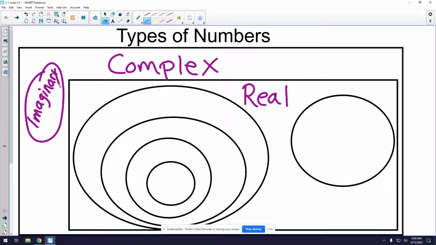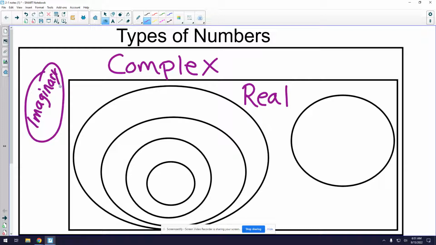If a number is not real, it is imaginary, which we will talk about in Unit 3 of what that means. So if a number is not real, it is imaginary. And both real and imaginary numbers are complex because every number is complex. But we're going to focus on real numbers and those different subgroups.